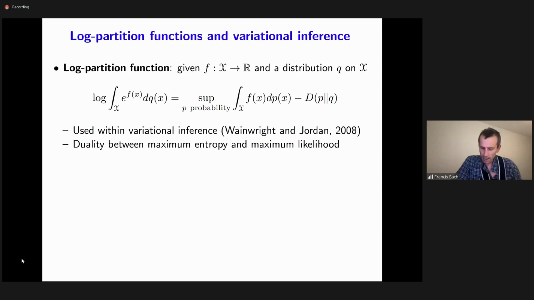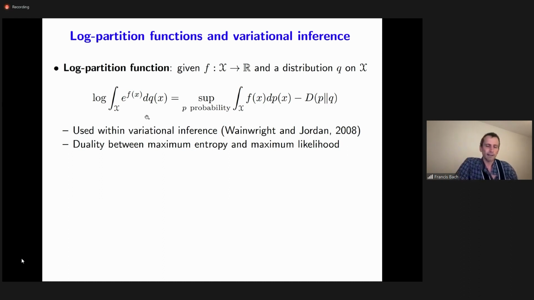I've already mentioned earlier why we like the Kullback-Leibler divergence so much: because it has a very rich convex duality structure. If you take the Fenchel conjugate of the Kullback-Leibler divergence with respect to the first argument, it is a log partition function.